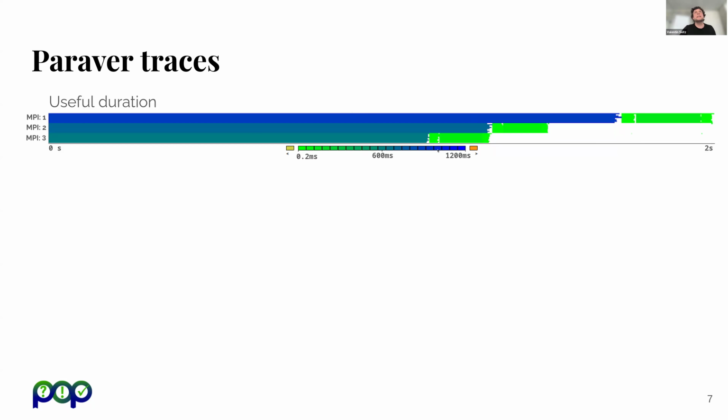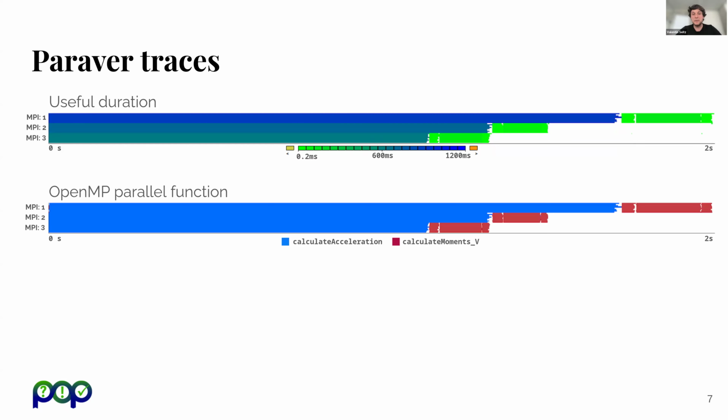We can see that in this case, all 8 threads run for roughly 1.5 or 1.2 seconds in MPI process 1, a little bit less in MPI process 2, and a little bit less in MPI process 3, without calling any MPI function, and all in the same OpenMP parallel region. This can be easily verified by looking at another visualization, which shows which OpenMP parallel function is being executed.